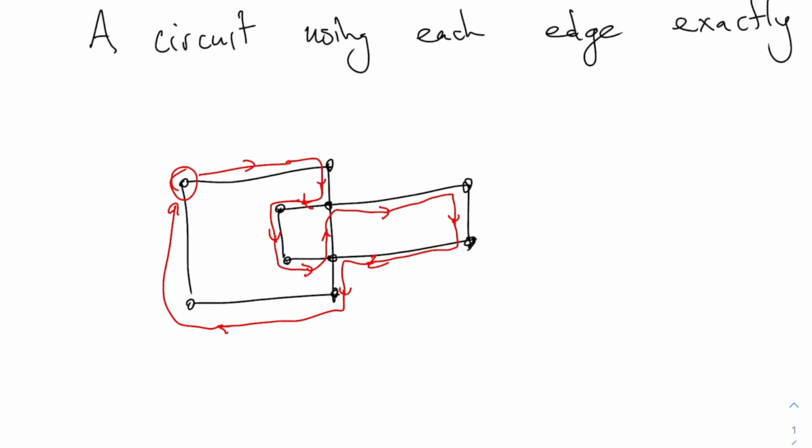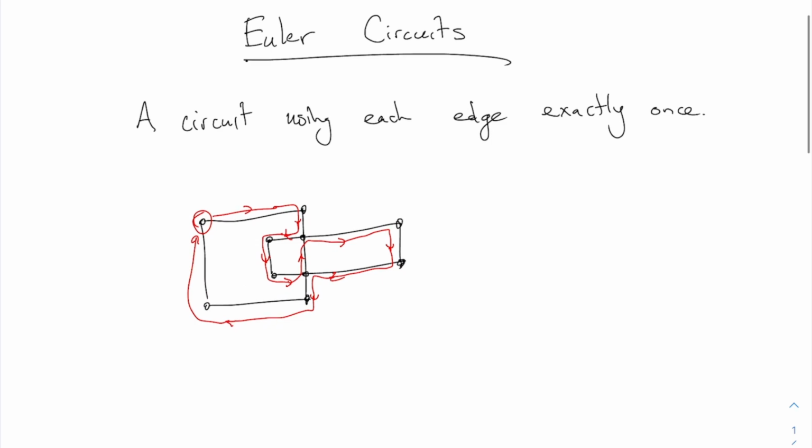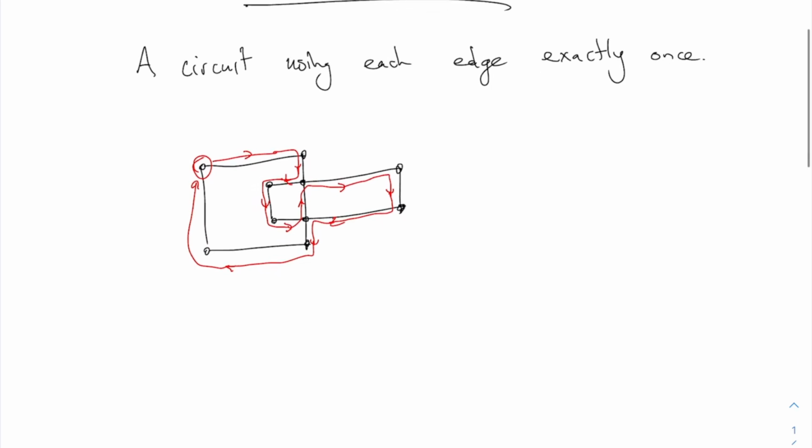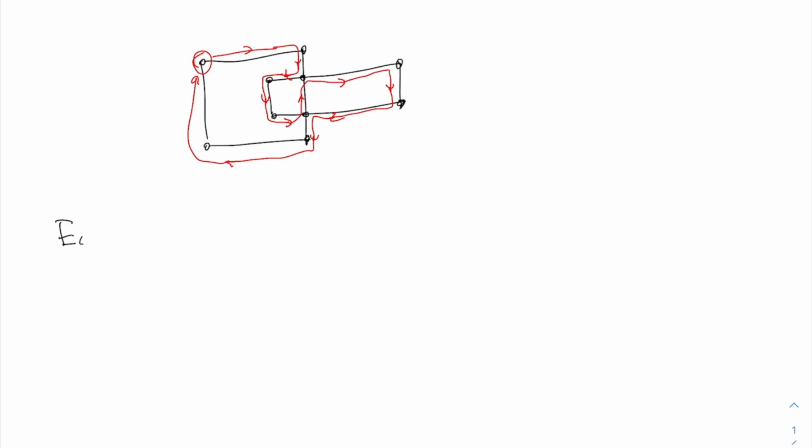All right, this is the idea behind Euler circuits, and we talked towards the end last time about Euler's theorem about Euler circuits. It tells you when an Euler circuit exists and when it doesn't.